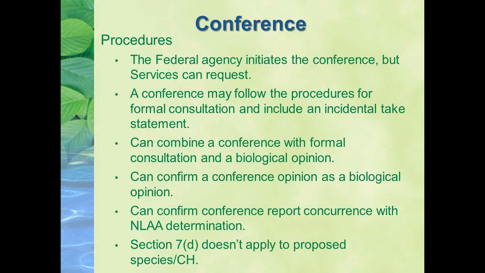In fact, some of our offices even say, yeah, we'll concur up front that this is not likely to adversely affect this species. And you don't have to do an opinion for a concurrence. And that's good so long as the action doesn't change. And we don't get it. The 3 of the 4 reinitiation criteria apply.